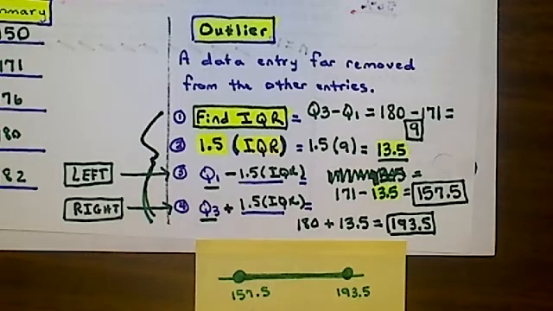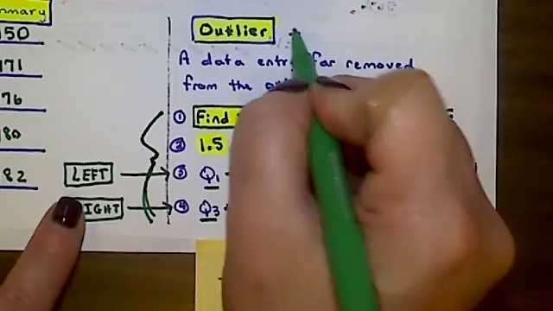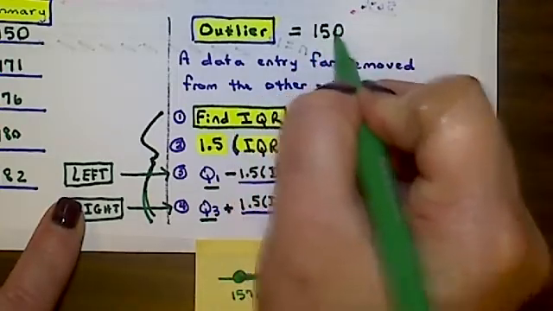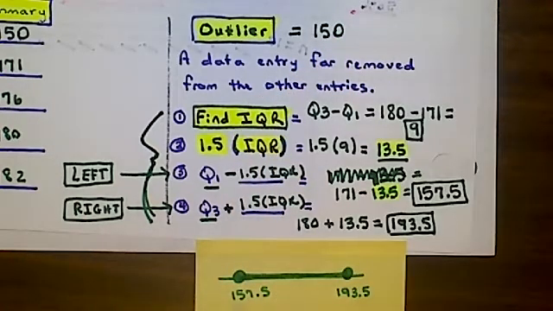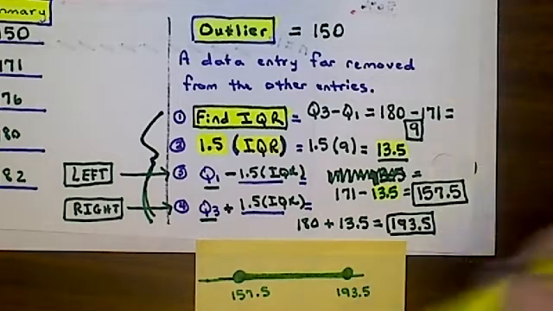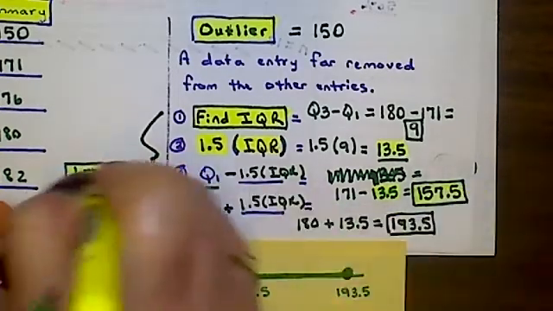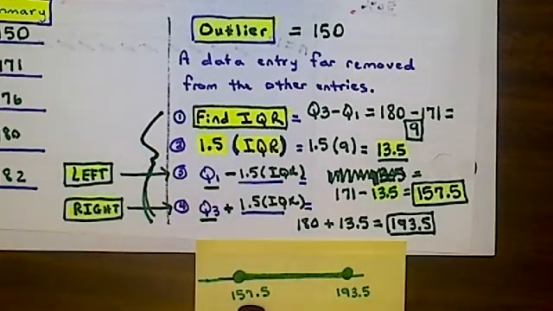So what we have to ask ourselves is, were there any numbers smaller than 157.5? Okay, we did have one. We had an outlier at 150. 150 is smaller than 157.5, so it would lie out here somewhere, away from this area inside. Then I ask myself, are there any other ones to the left of 157.5?